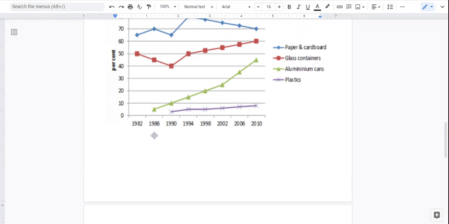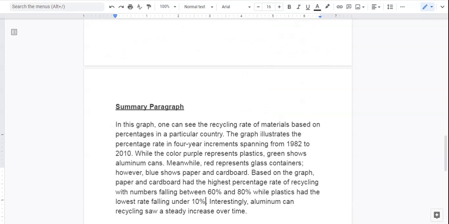So maybe from 1982, 86, 90, 94, 98, 2002, 2006, 2010. So we can say something like, I guess from 5% maybe to 35%.